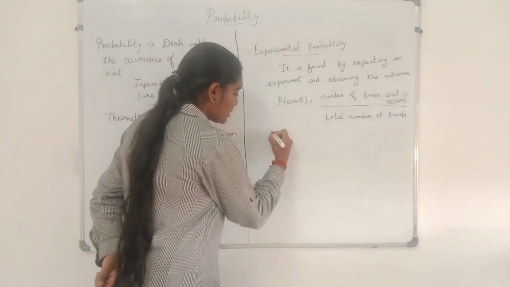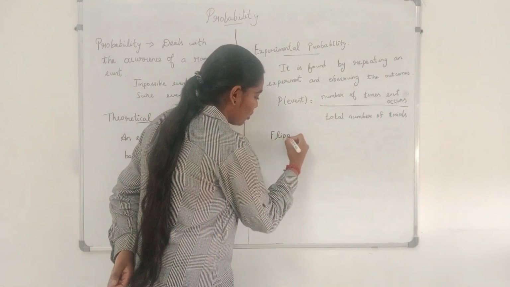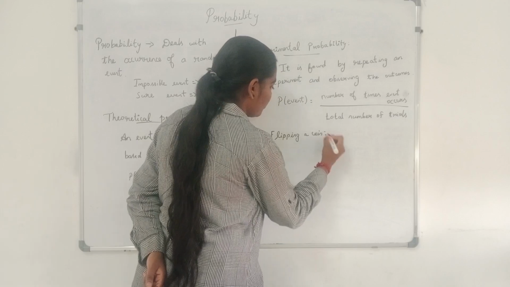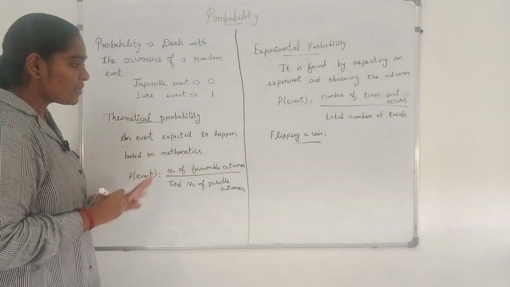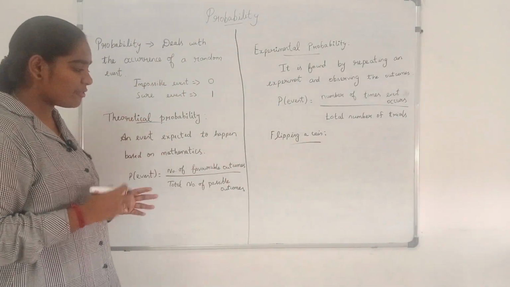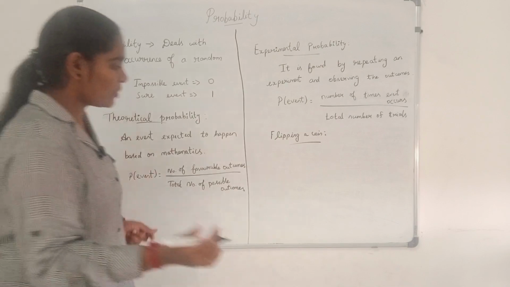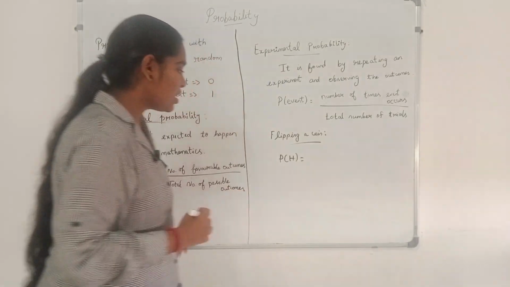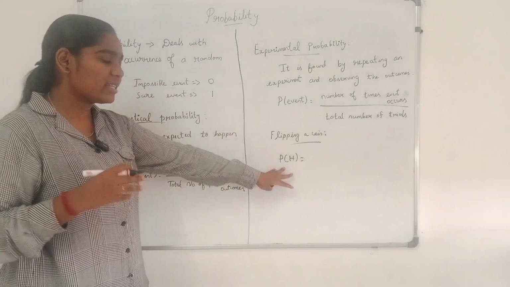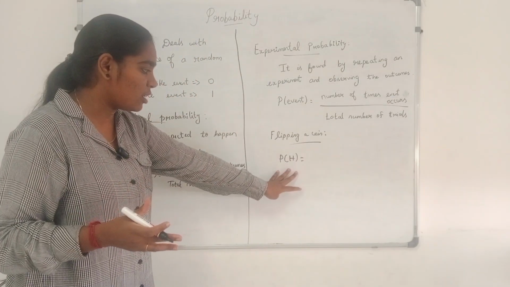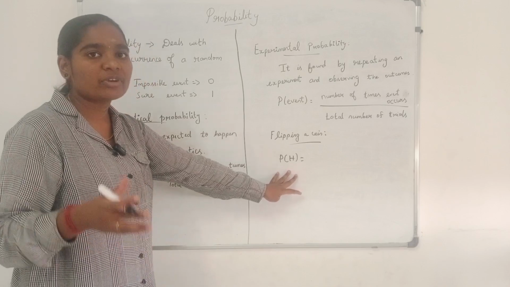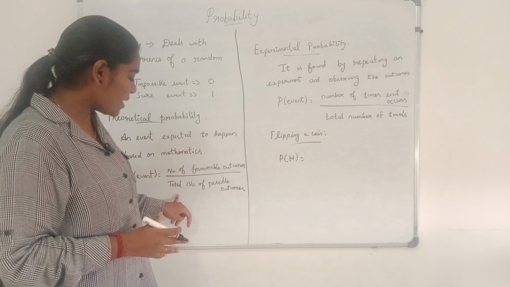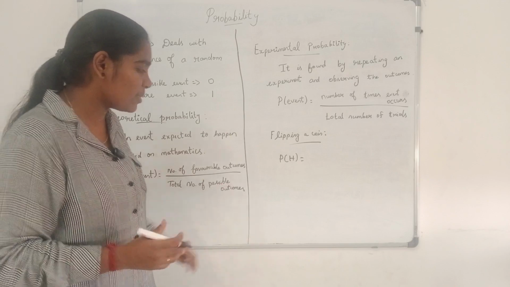Same concept, flipping a coin. By theoretical probability, if I have to find the probability of getting a head, in the denominator we put the total number of possible outcomes.